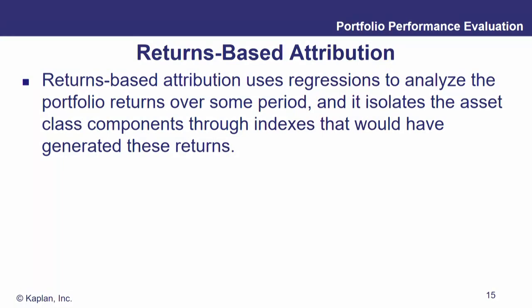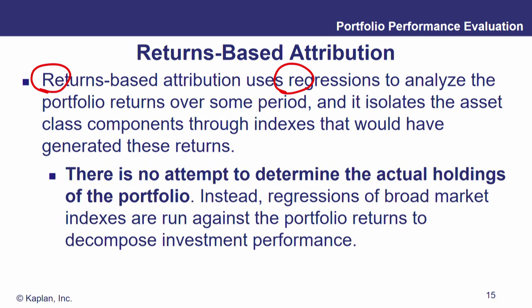Okay, so returns-based attribution. I'm going to give you an easy way to memorize this. The R in returns, I want you to think of the R in regression. So this is just a regression. It's going to isolate the class components through indexes that would have generated these returns.